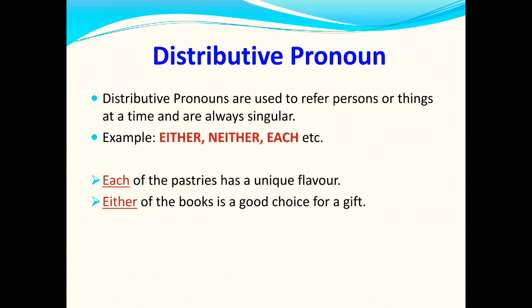So it has taken a singular verb, that is has. In the next example, either of the books is a good choice for a gift. Here also you can see that the word either has taken a singular verb. So distributive pronouns are always singular.